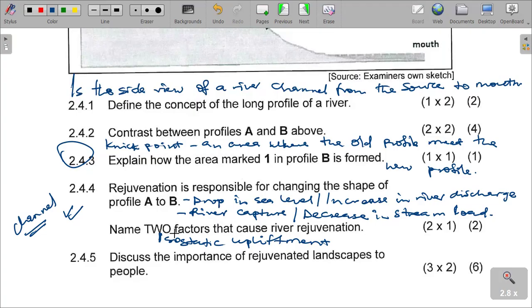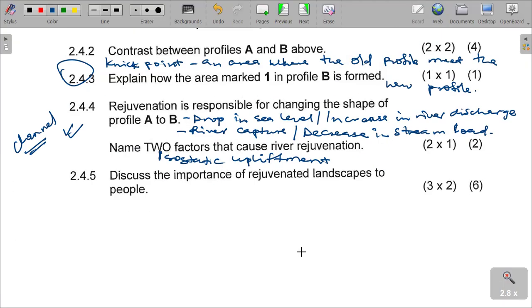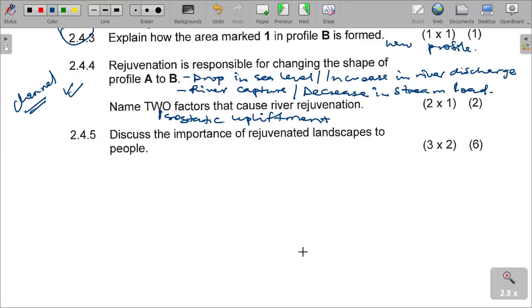So rejuvenation is just the increase in river energy, which would cause excavating of the old profile of the river, whereby we have features such as river terraces. We could have a river or a stream within a stream. All those are covered on the channel again.